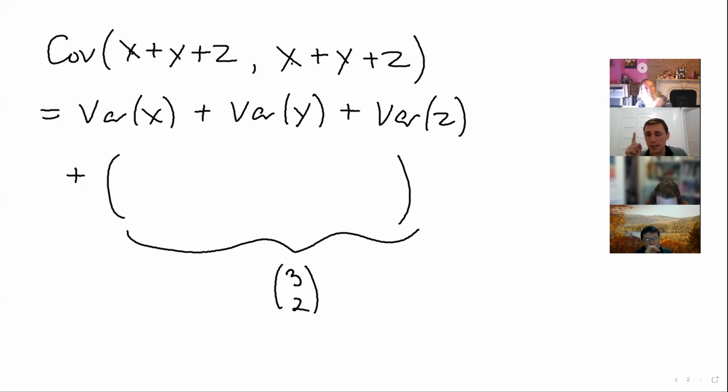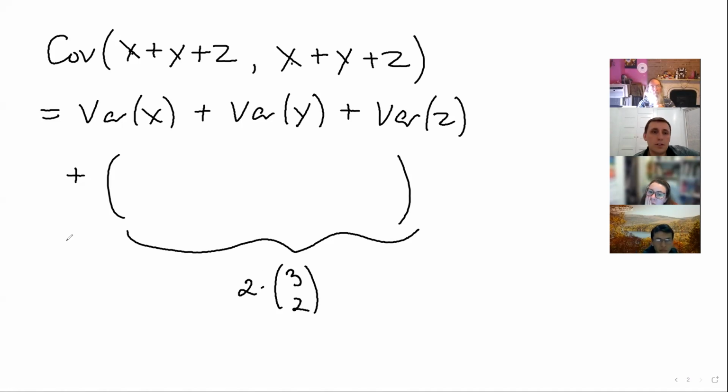You agree? 3 choose 2 means I have 2 numbers out of 3. It's maybe x and z that are meeting, or y and z that are meeting. There are 3 choose 2 of them, right? And then I can multiply this by 2, because either the smaller value is first followed by the bigger value or vice versa. It's either xz or zx. Do you follow? 3 choose 2 just tells me which of them met.